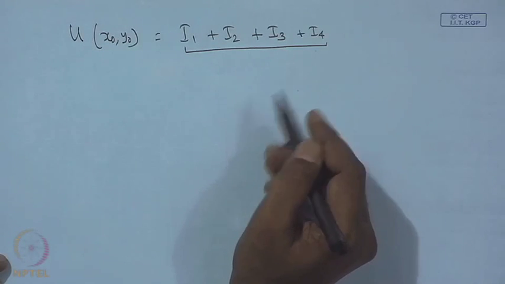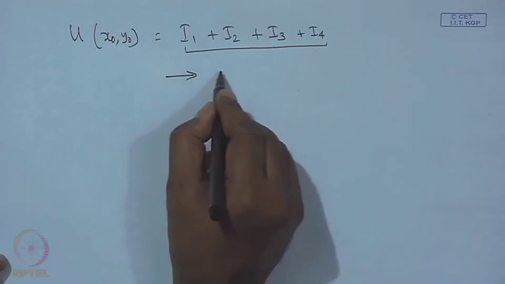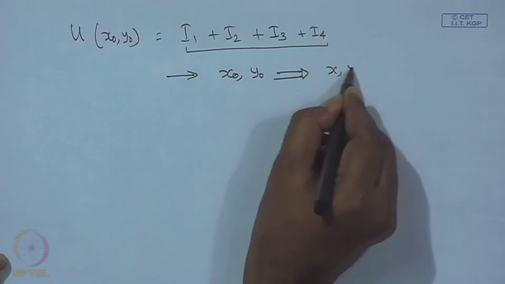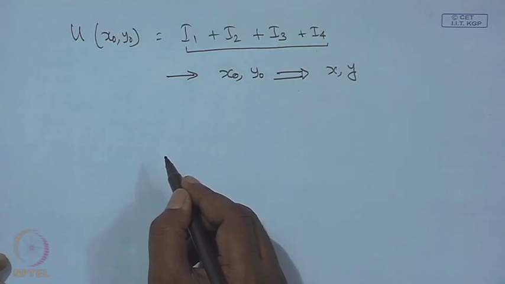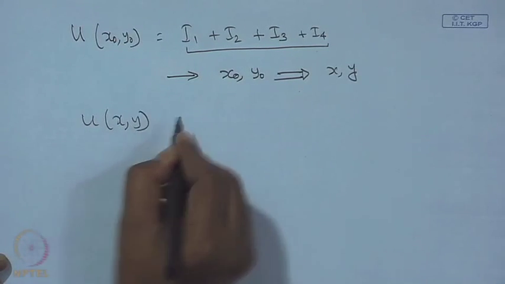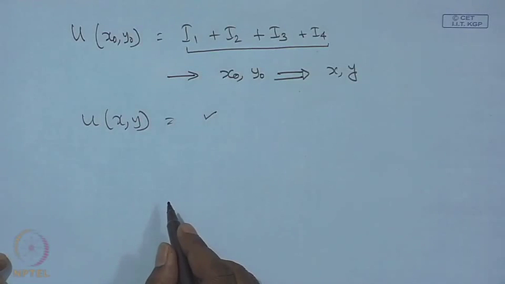So, therefore, we can change the variable from x naught, y naught to the normal variables x and y. So, we will get u as a function of x and y. So, we will get the complete solution of the elliptic partial differential equation using the full eigenfunction expansion method by using the Green's function procedure.